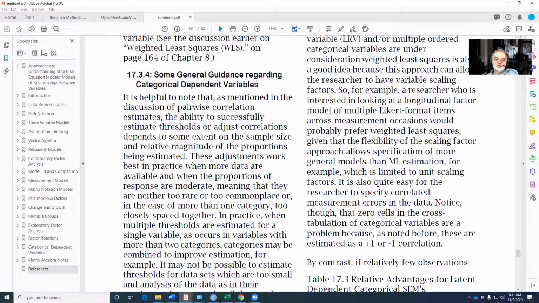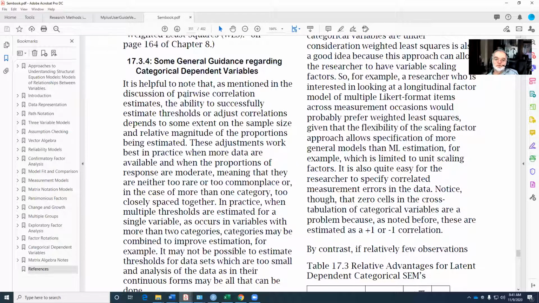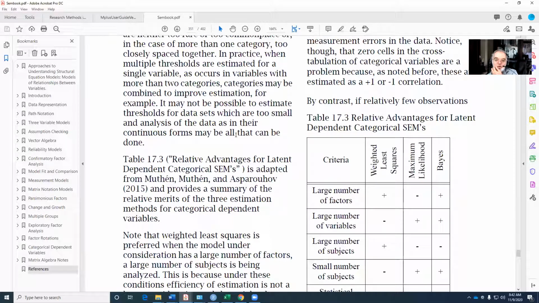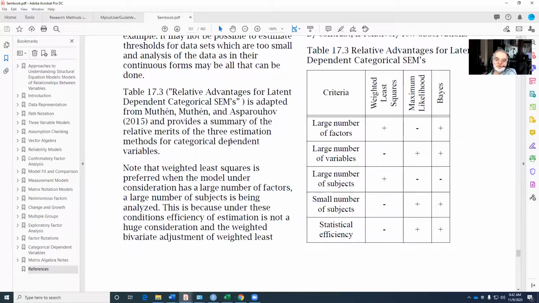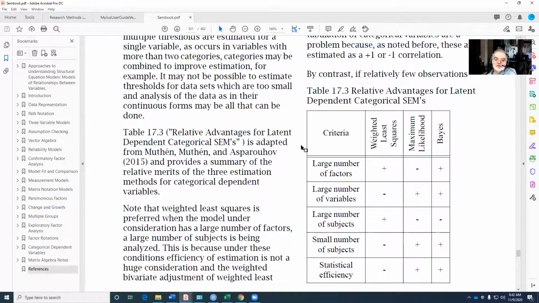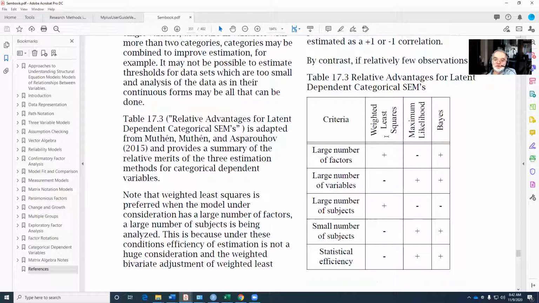So to summarize a little bit, it's helpful to notice, as in the discussion of pairwise, the ability to successfully estimate threshold correlations depends on your sample size. And I made this little table based on things you need to think about, adapted from a table that Muthen put out.